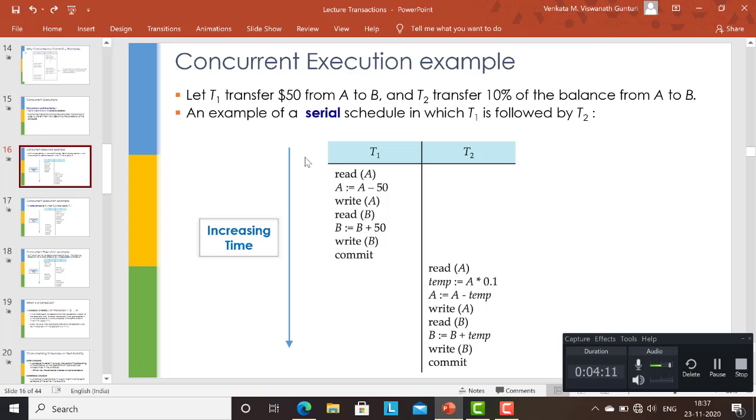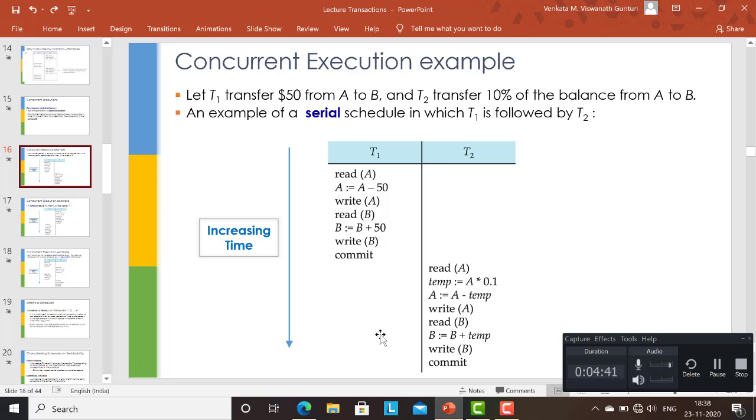And as we say, a serial schedule is always the gold standard. A serial schedule is always correct, right? Depending on whether T1 executed first or T2 executed first, the final output will still change, but that is an output which is always semantically correct, right? So it's like this: you just have one train ticket and two people trying to book that ticket.